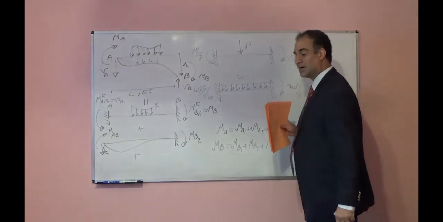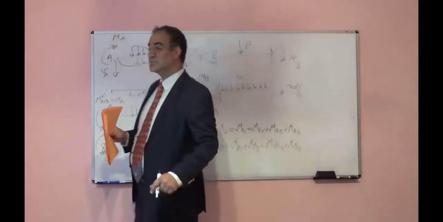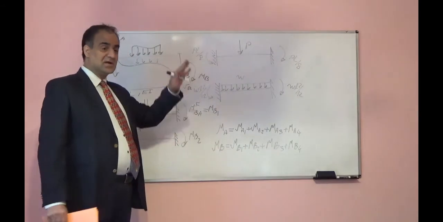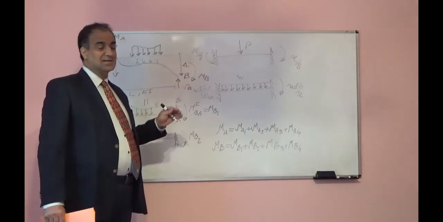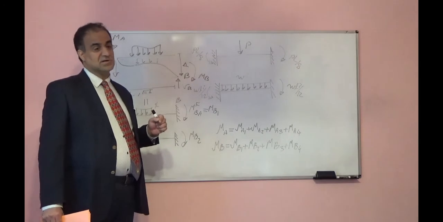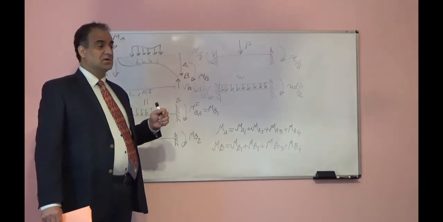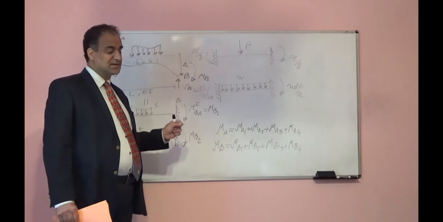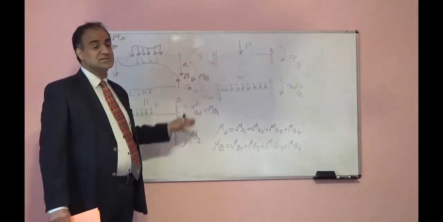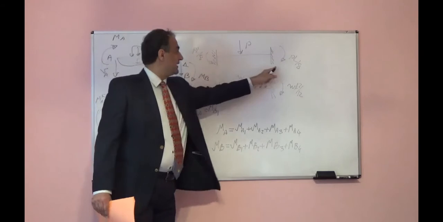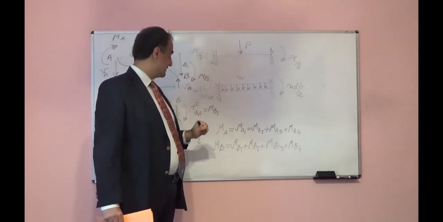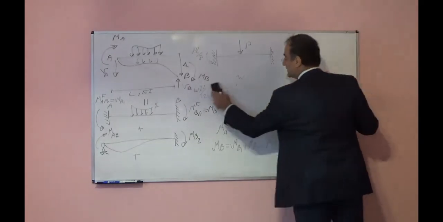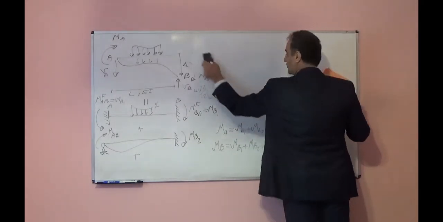We can find these one by one using force method or superposition, and we can develop a table. That table we have in most structural analysis textbooks in the appendix, or if you Google it, fixed end moment for different loading scenarios, you can find this fixed end moment. So MA1 and MB1, they are fixed end moments.